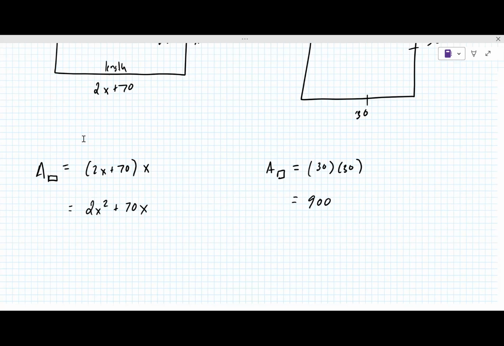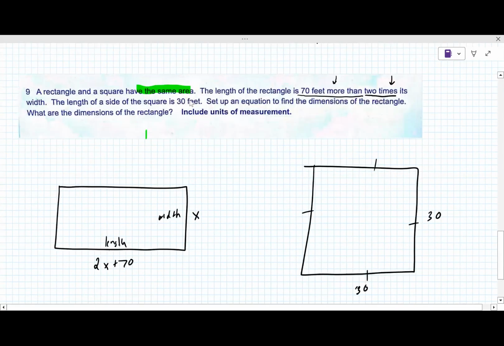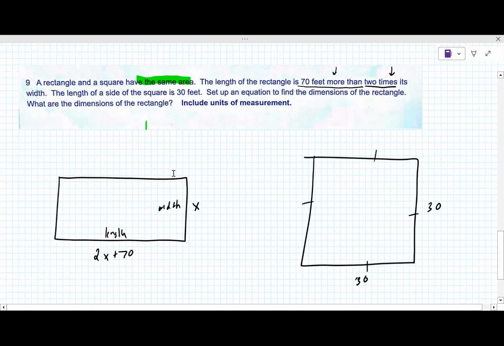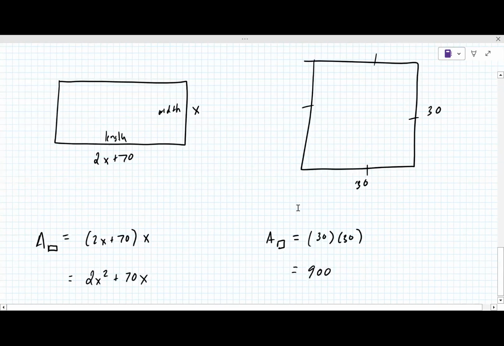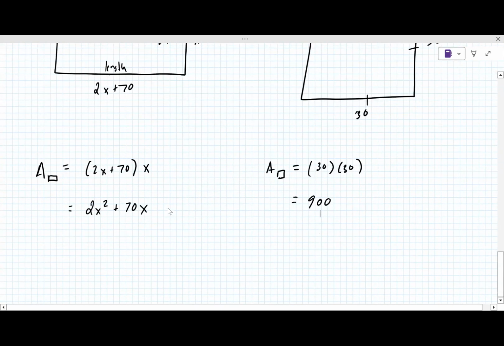Now very importantly, what did it say from the very beginning about the area? They both have the same area. So what can we do with these two quantities? This is the area of the rectangle. This is the area of the square.